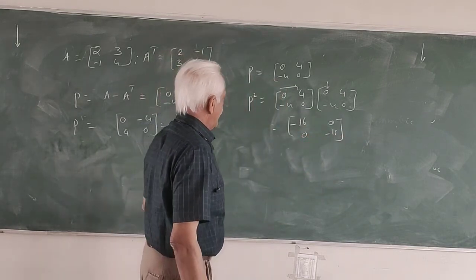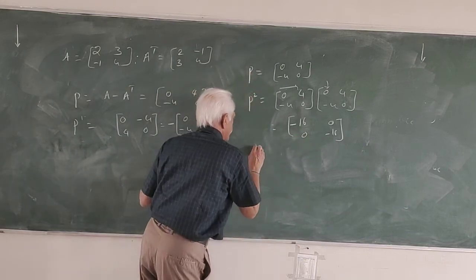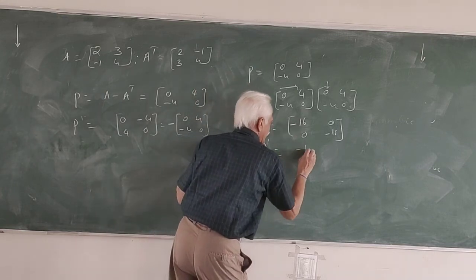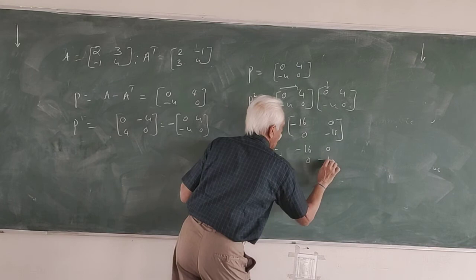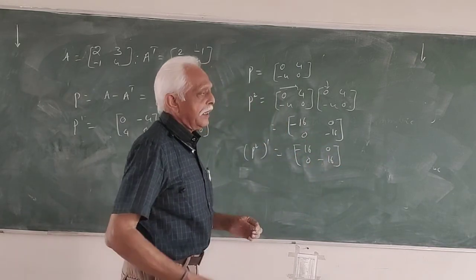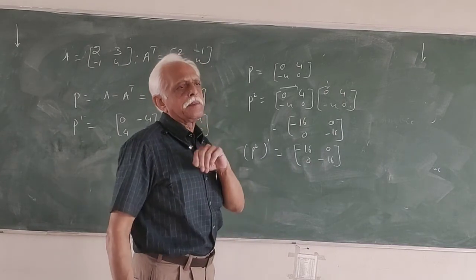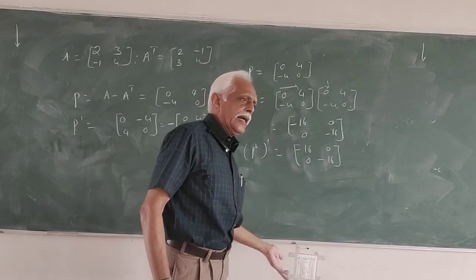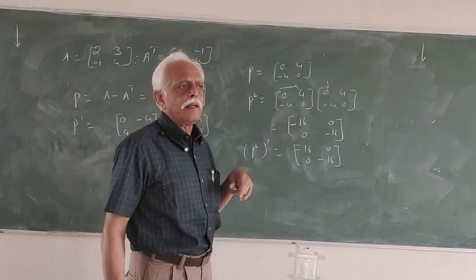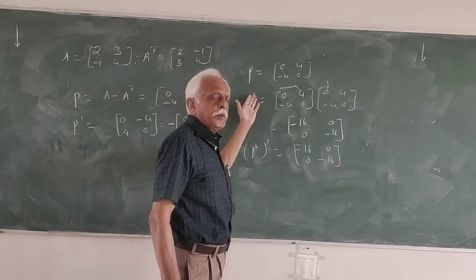P square you are getting this one. If you transpose this, what will you be getting? Minus 16, 0, 0, minus 16, isn't it? Now what is the formula? If A is a skew symmetric matrix, then A power n is symmetric if n is even. I am taking n equal to 2.